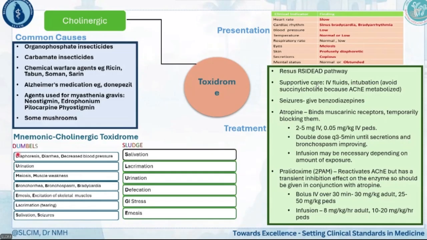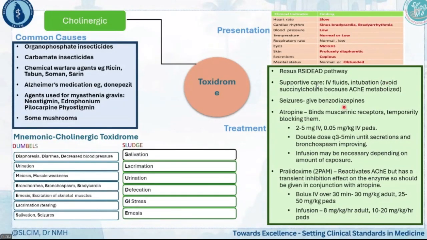It's easy because, as I said, what happens in cholinergic toxidrome is there will be secretions pouring out from every orifice. So urination, diaphoresis, diarrhea, bronchorrhea, bronchospasm, bradycardia, emesis, lacrimation and salivation. So it's easy for you to remember all these things. And we'll discuss a little bit more on the management while we are discussing organophosphate poisoning.